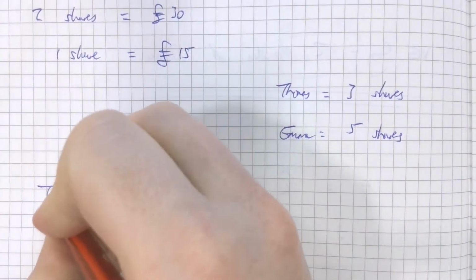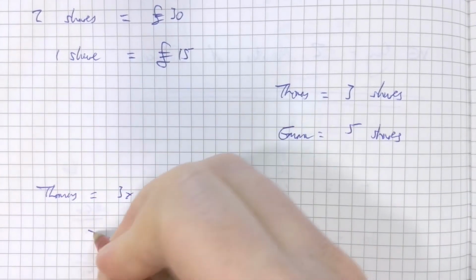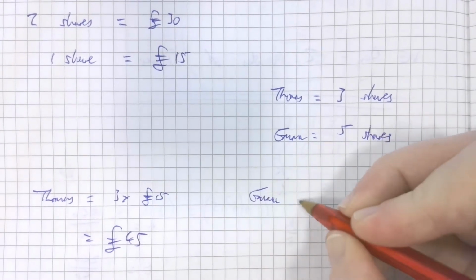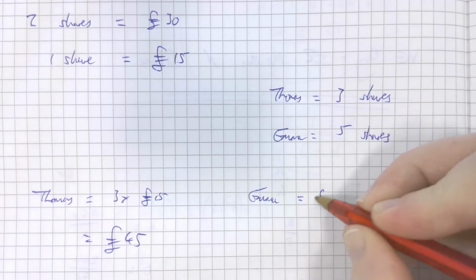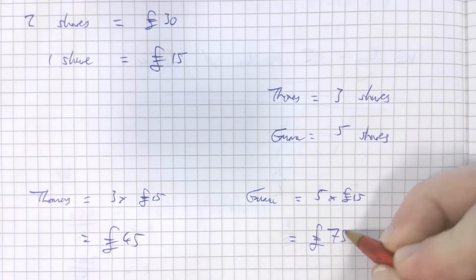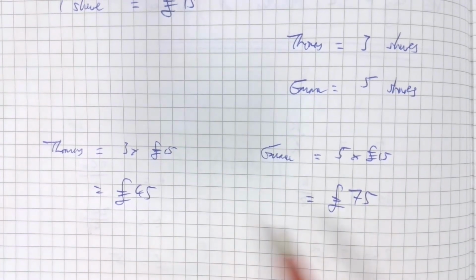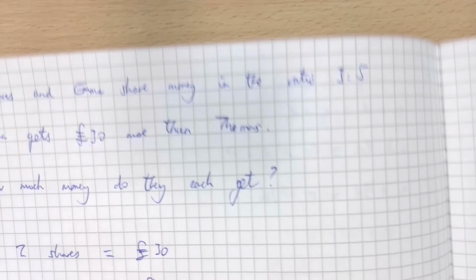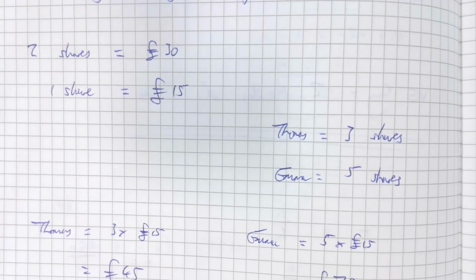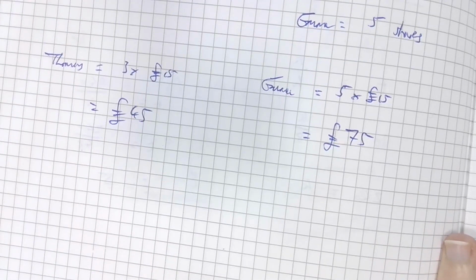So Thomas gets 3 times £15, which is 45, and then Emma gets 5 times £15, which is 75. And if we were interested in checking, the difference between these 2 amounts of money is £30, which matches what the question says Emma gets more than Thomas. Okay. And that's the first one. 45 for Thomas, 75 for Emma.